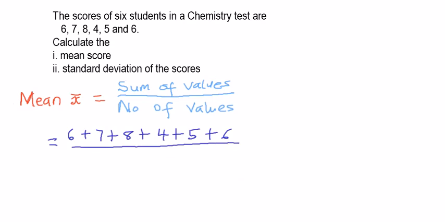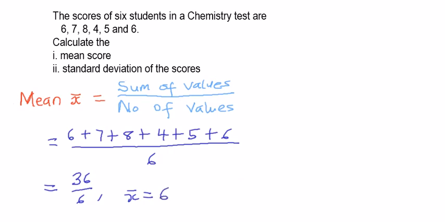If you count it, 1, 2, 3, 4, 5, 6, that is 6. So adding this together gives us 36 divided by 6. That means our mean value is equal to 6.